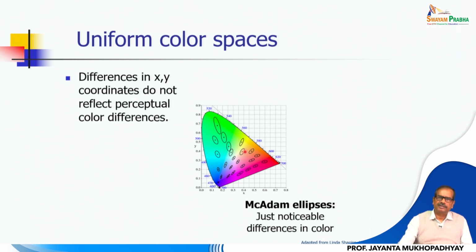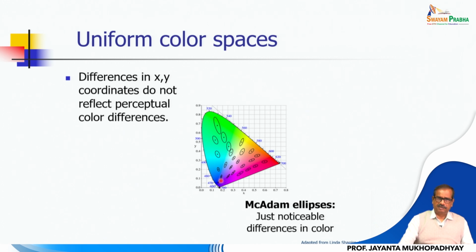So this could be modeled by an ellipse around that point, an elliptical neighborhood that has been observed, and these ellipses around the central point give you the same kind of perceptual effect. We call these ellipses MacAdam ellipses, or just noticeable differences. If you go beyond the ellipse, you will notice the difference in color.